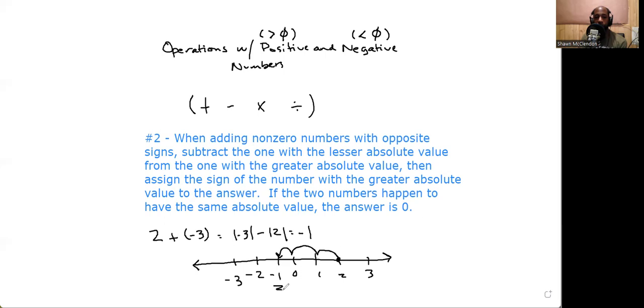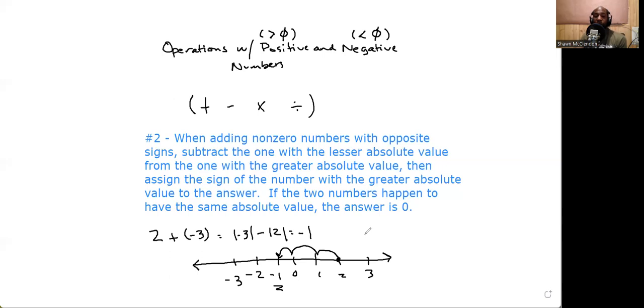As you see, it is indeed -1. So when you have a number that is bigger in the positive or negative direction, the answer is going to be the one with the greater absolute value minus the one with the lesser absolute value, and then assign the sign of the one with the greater absolute value.